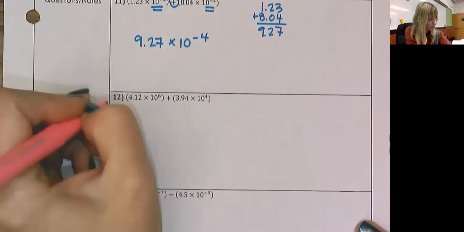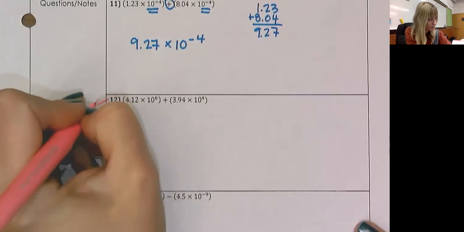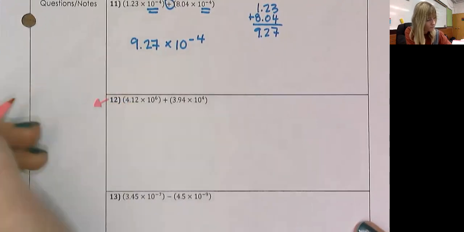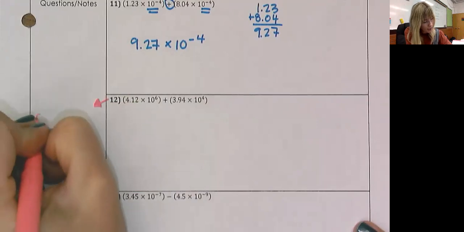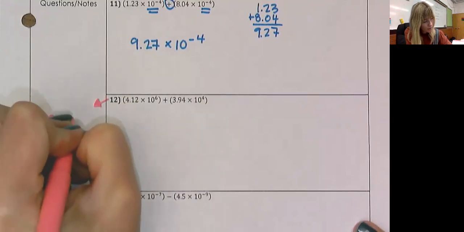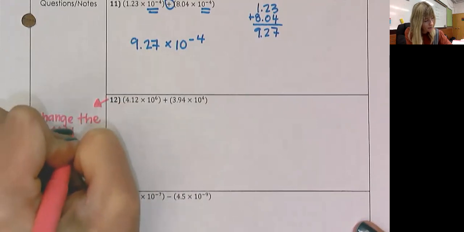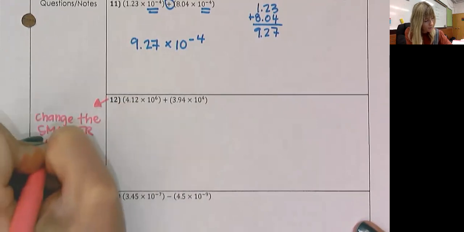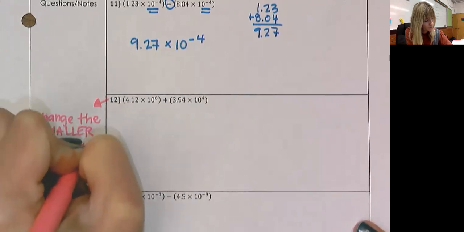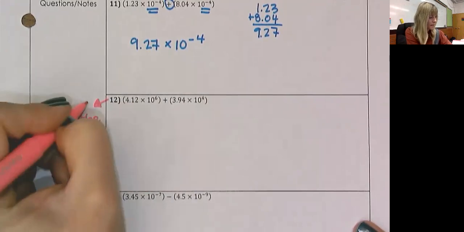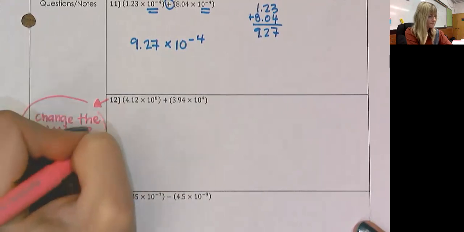The tip I'm going to give you here is, and we'll draw an arrow over here, change the smaller exponent. Make it match the bigger one.